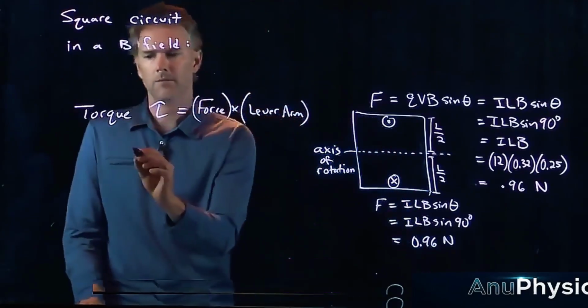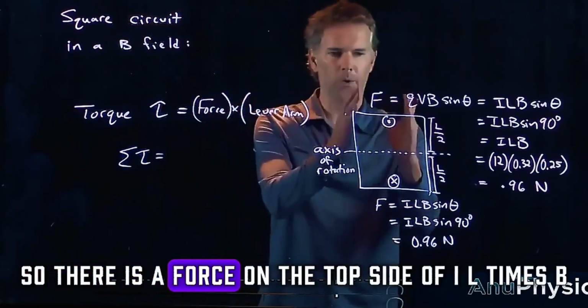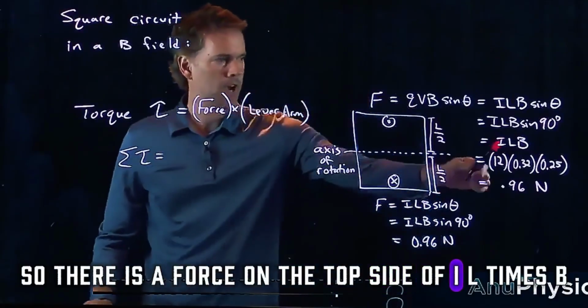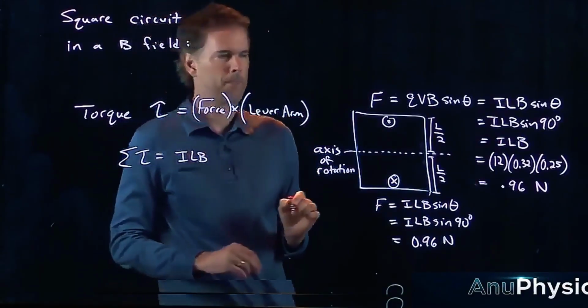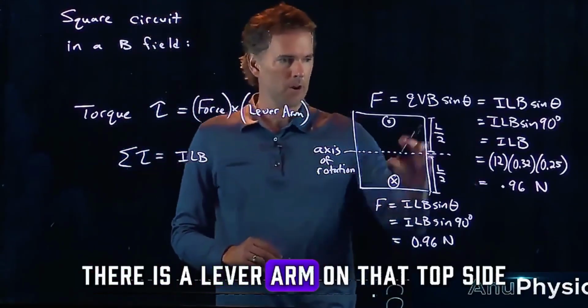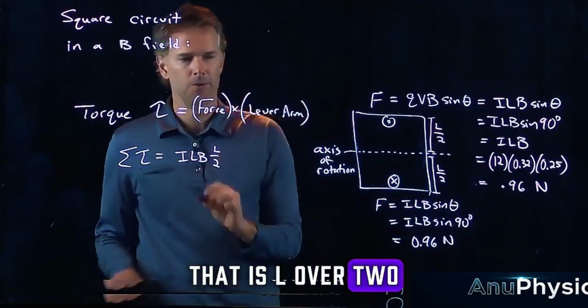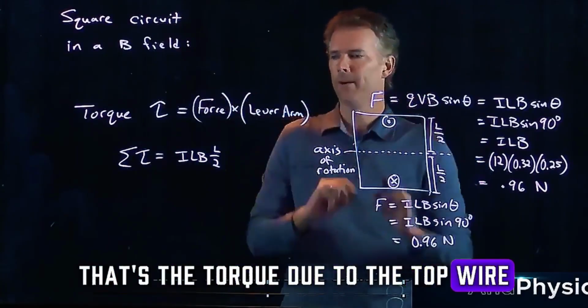All right. We want the net torque. So there is a force on the top side of ILB. There is a lever arm on that top side that is L over 2. That's the torque due to the top wire.